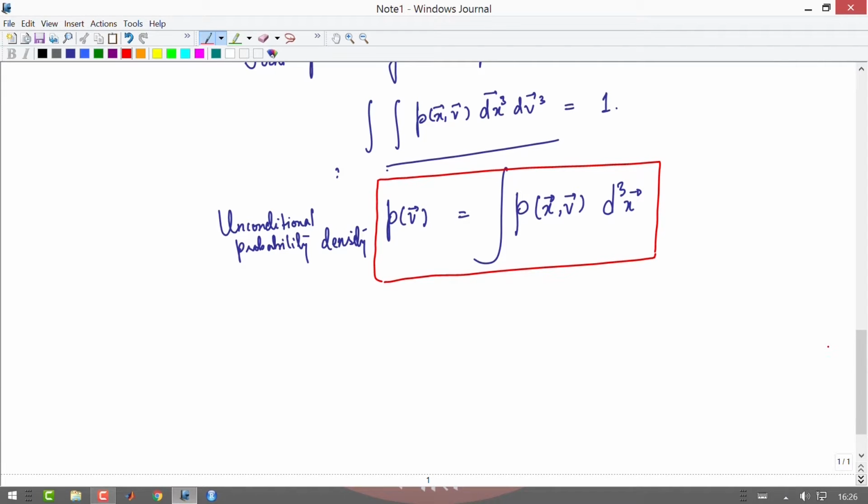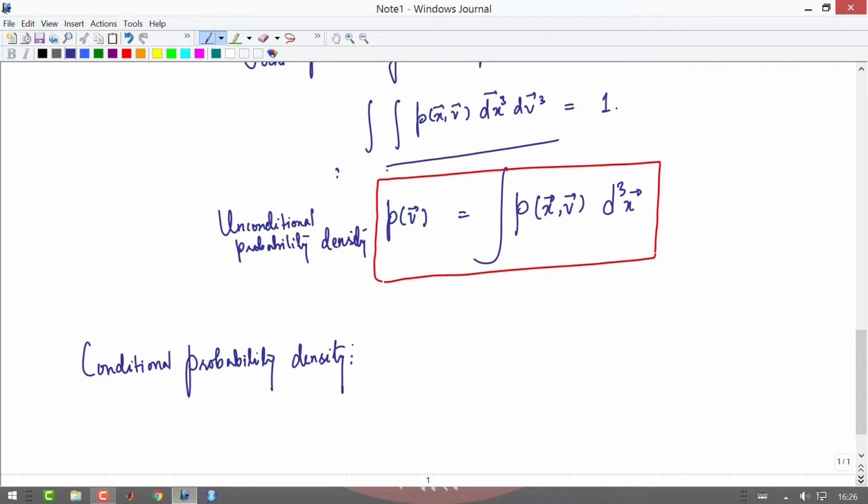But you could also talk about conditional probability densities. Now this is more interesting. This simply means that you want to know the probability of finding a gas particle at some location x, provided its velocity is set to some value, or the probability density of finding a particle at a location right below the fan, for instance, provided its velocity is something.